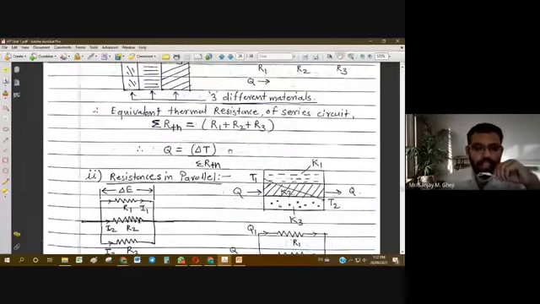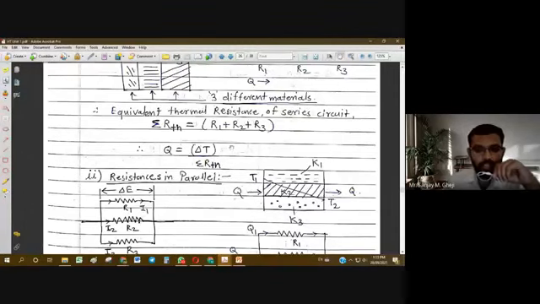So using electrical analogy, what we are doing is expressing the heat conduction equation in this form, that is Q equal to delta T in the numerator and everything else in the denominator. So apart from delta T, everything else in the denominator will be equivalent to thermal resistance.